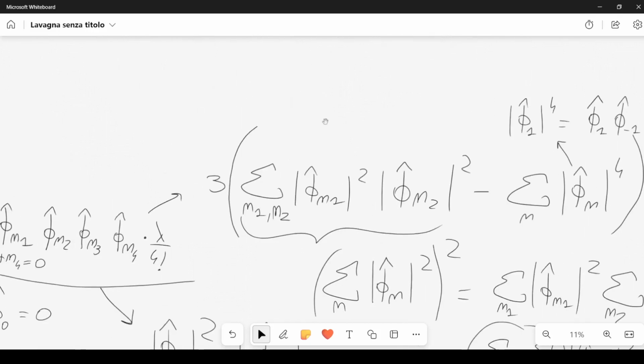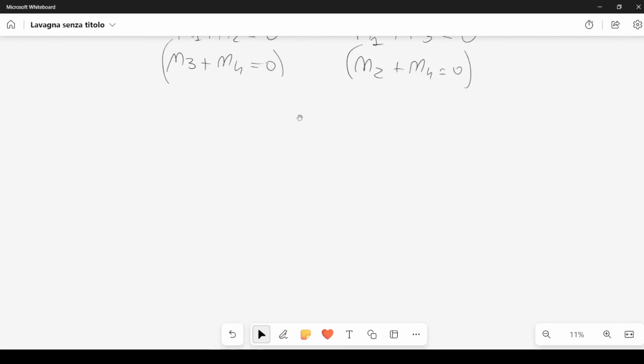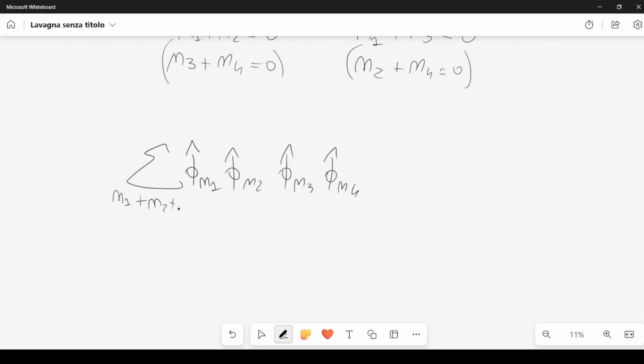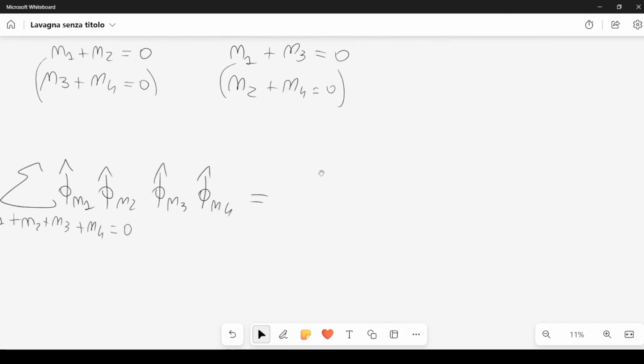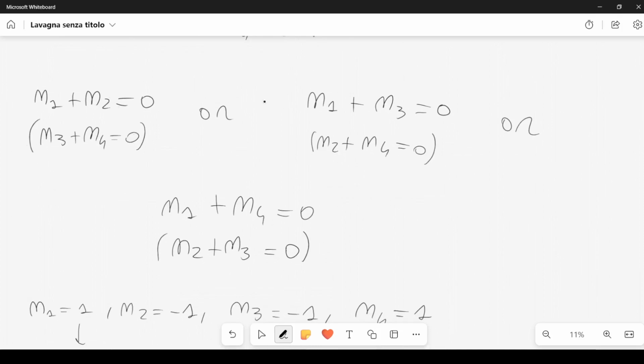And therefore what we have found is that, let me rewrite it more clearly, this summation over such terms, phi hat n1, phi hat n2, phi hat n3, phi hat n4, where we are summing over n1, n2, n3 and n4 in such a way that this relation is satisfied, n1 plus n2 plus n3 plus n4 is equal to 0, can be written as 3, and this 3 is related to the fact that these three conditions, 1, 2, 3, give exactly the same result.